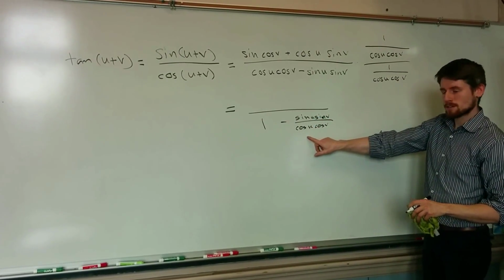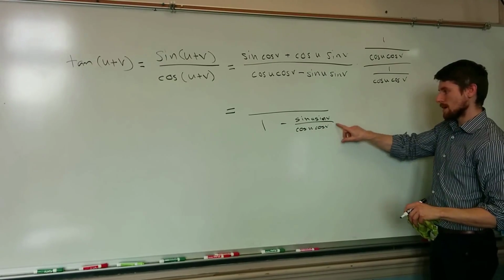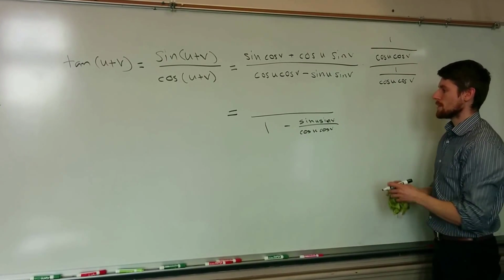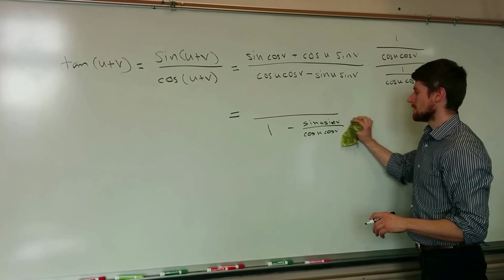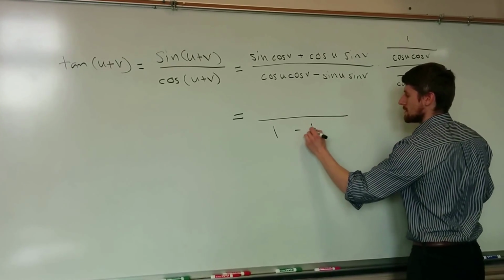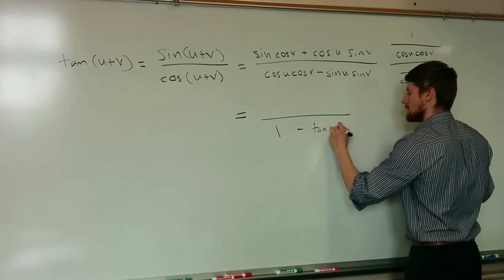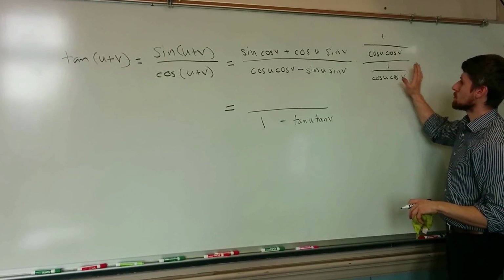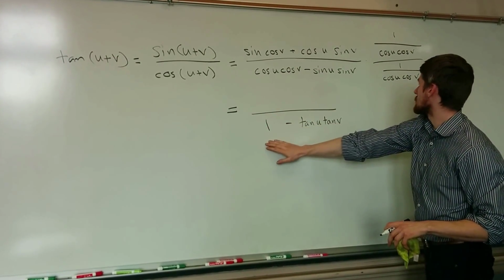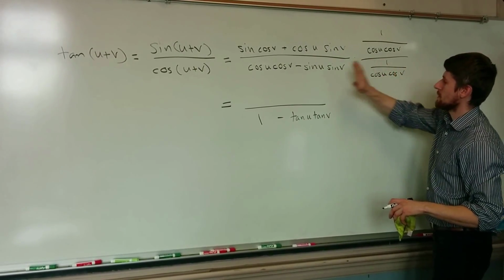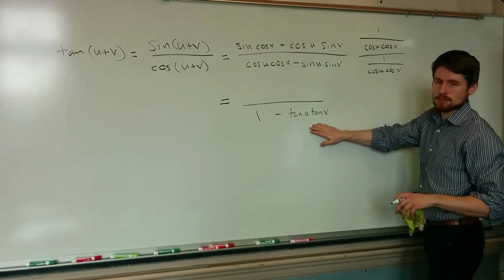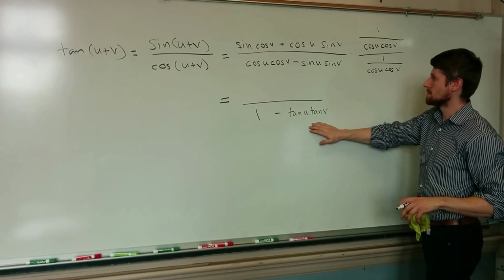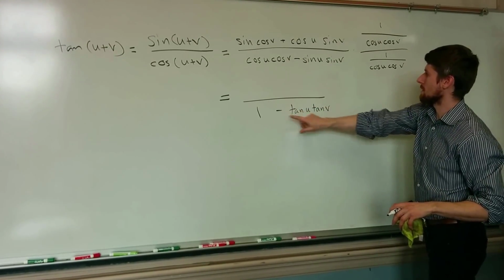Well, this is sine u over cosine u times sine v over cosine v. Well, that's just equal to tangent u tangent v. So again, this one times this is equal to 1. This one times this is equal to tangent u tangent v. And the minus is still there.